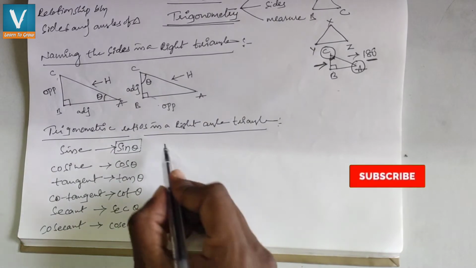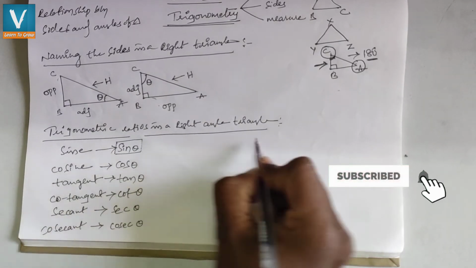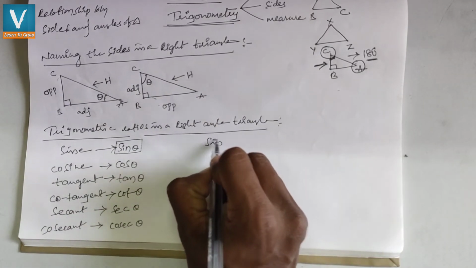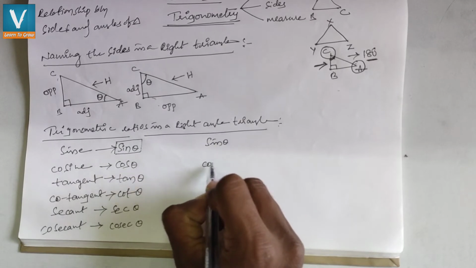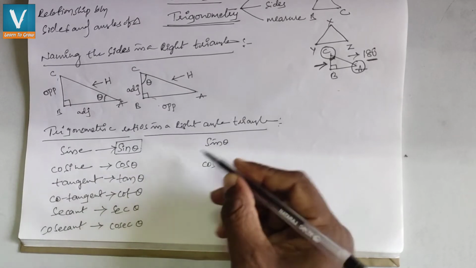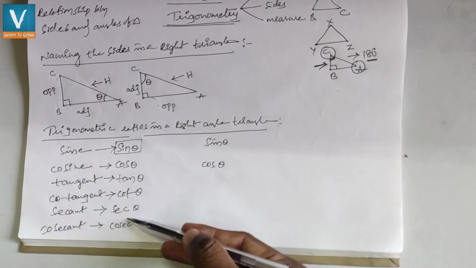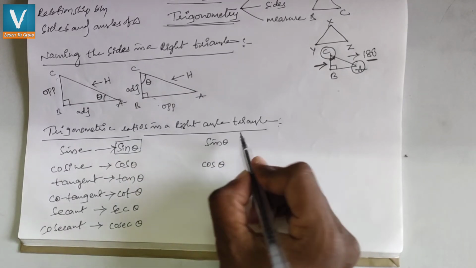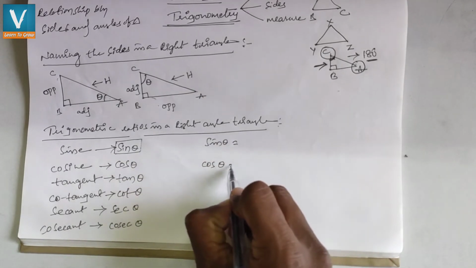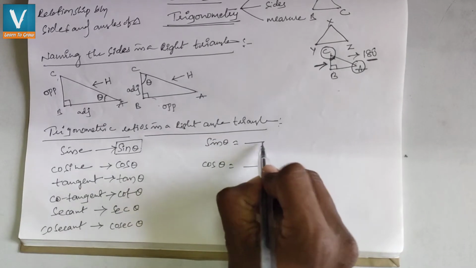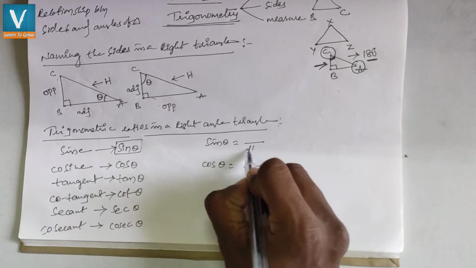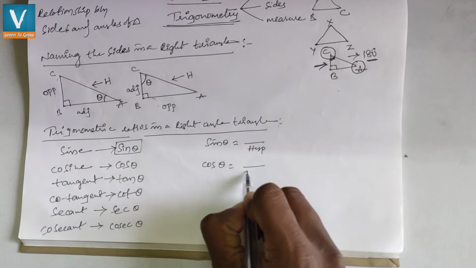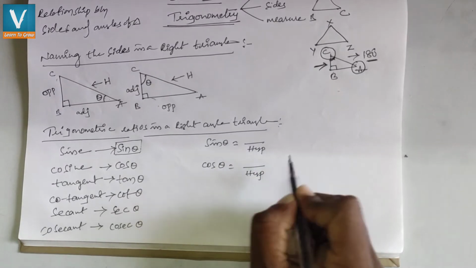We will observe here. I am writing sin theta. If you know sin and cos theta, we can simply find out the rest of the ratios. We had remembered that sin theta and cos theta have a common denominator, the hypotenuse.